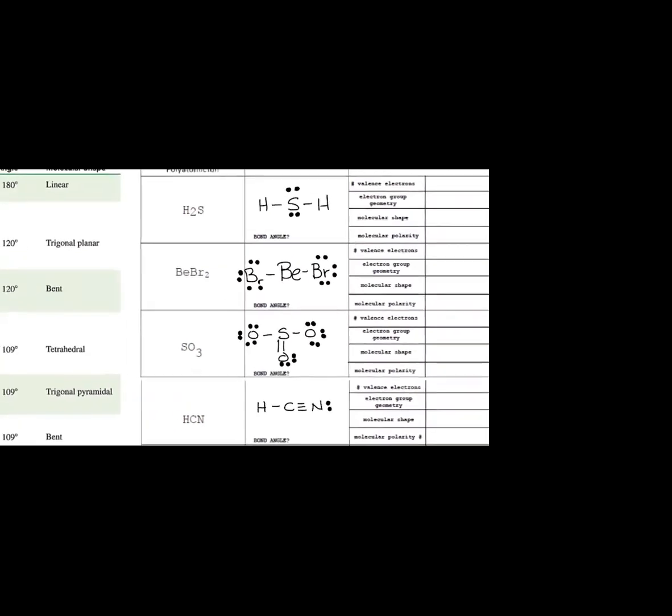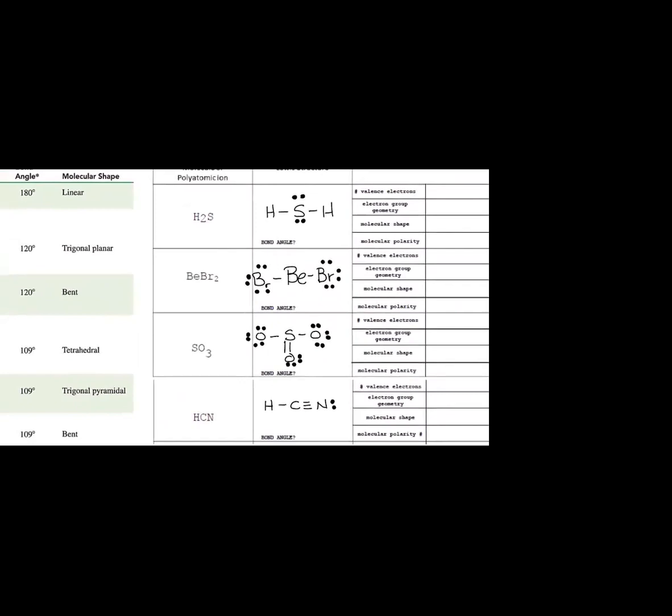Let me just fill that in. In terms of electron groups, this has 4 electron groups. This has 2 electron groups. This has 3 electron groups. This has 2 electron groups.